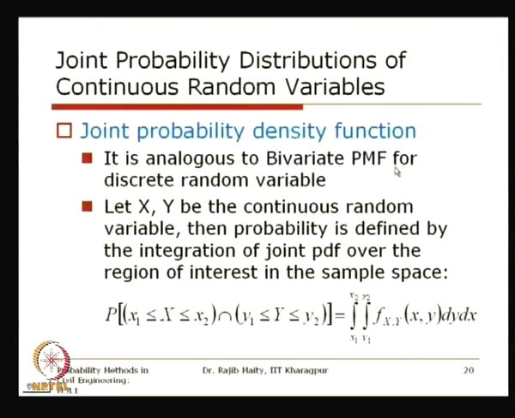So it is analogous to the bivariate PMF, where we used a simple summation. If XY are continuous random variables, then the probability is defined by the integration of the joint PDF over the region of interest. The probability of x1 to x2 and y1 to y2 occurring simultaneously refers to that specific area where x is between these two limits and y is between these two limits.